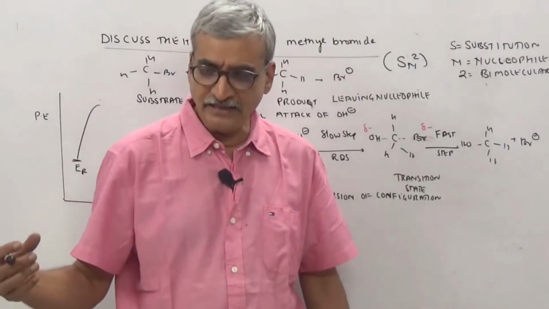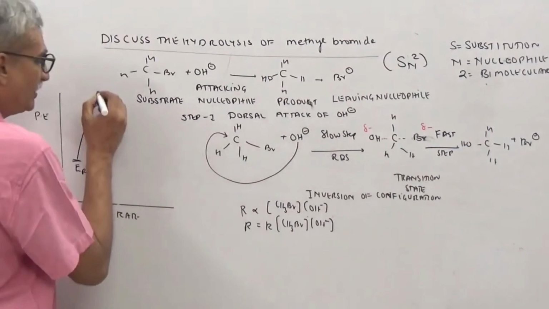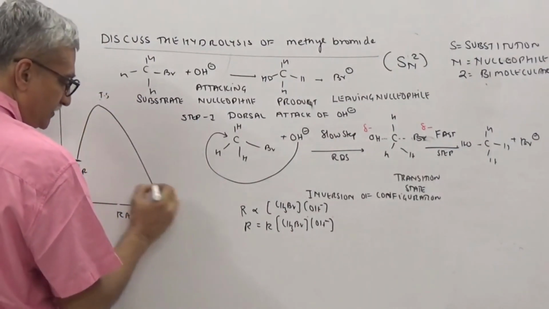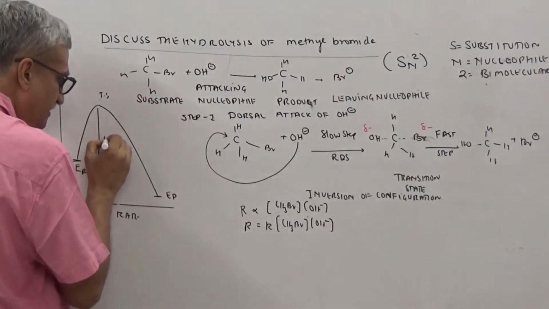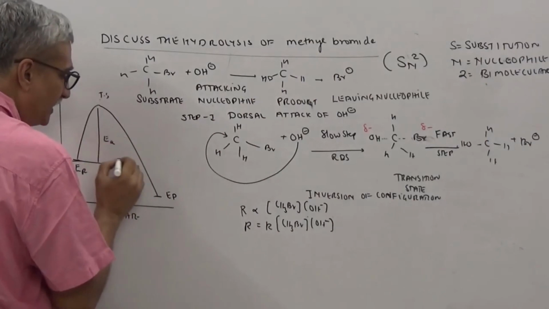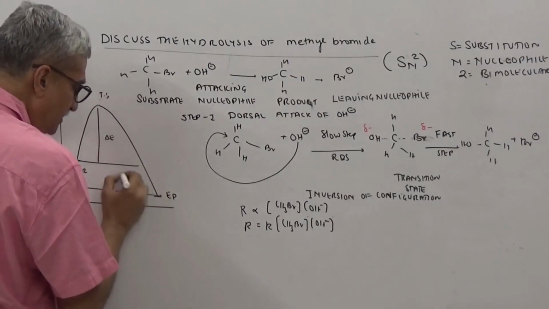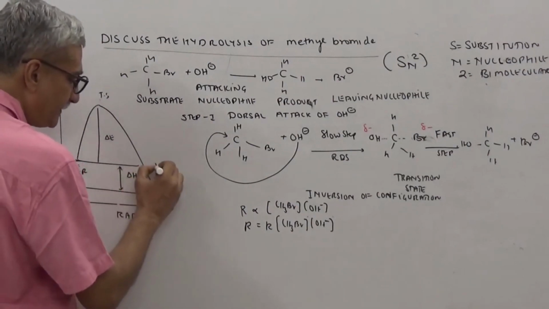The moment the OH ion attacks, simultaneously Br minus leaves. So there is only one transition state and then the product is formed. So this is the energy of product. This is the energy of activation, or delta E. And this is delta H, the heat of reaction.